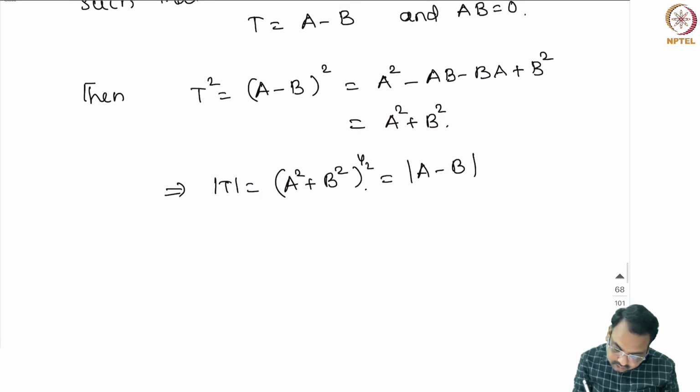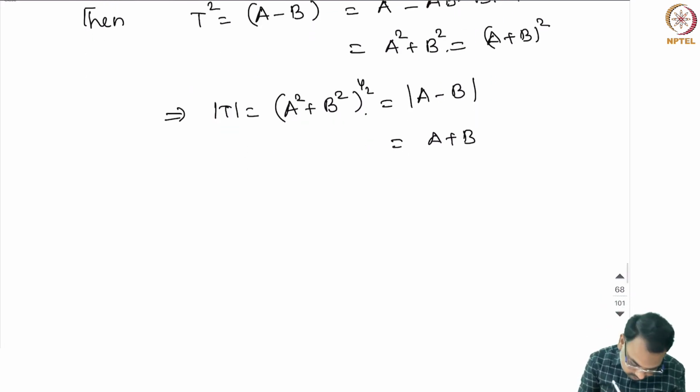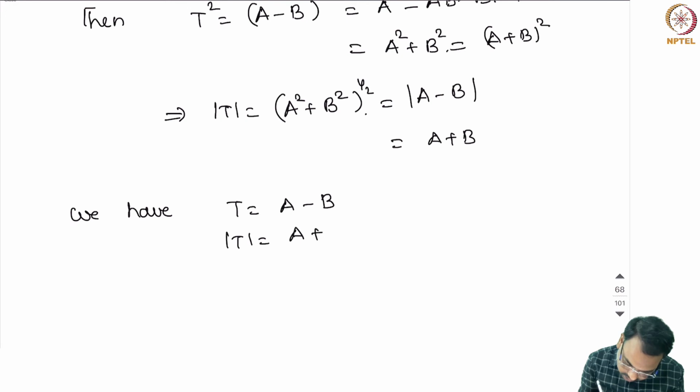So this we can again write as (A+B)², and this we can write as A+B, because the square root of A+B is positive, so the square root of A+B whole square is A+B. So we have t = A−B and |t| = A+B.